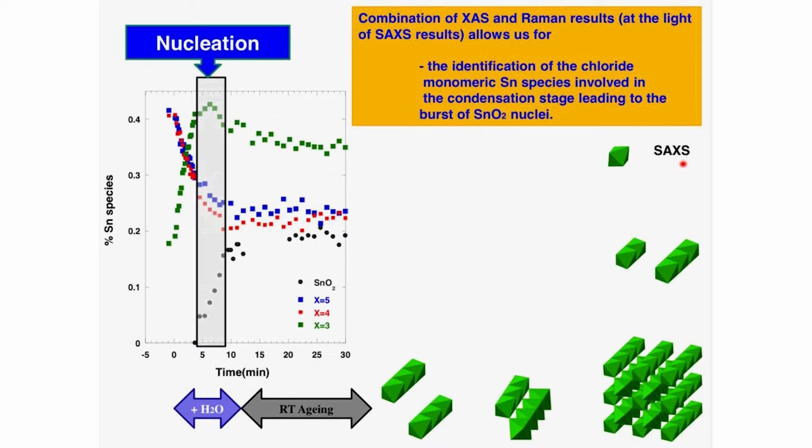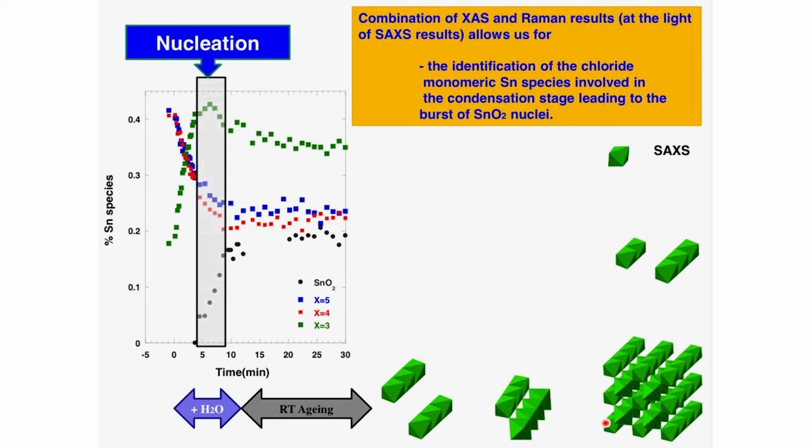We know from small angle X-ray scattering that we have in presence during the reaction first monomeric species, later on these linear chains made of edge-sharing octahedra, and at the end, of course, these tin oxide nanoparticles.